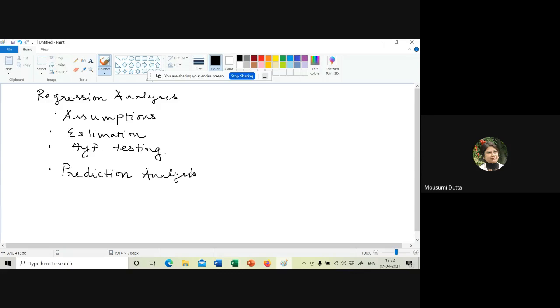Okay. However, these 3 are major parts in our analysis. And as I mentioned, we will start with a linear structure.